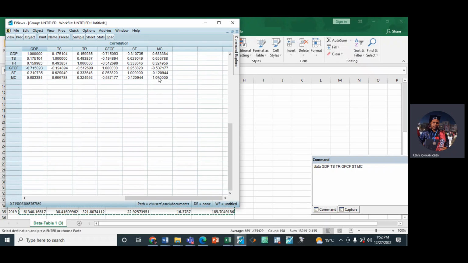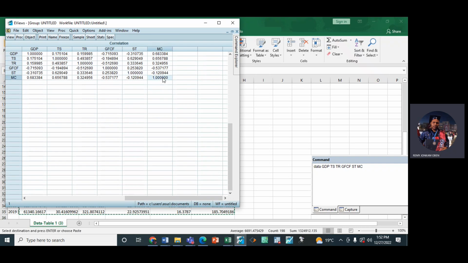So based on this, we can say there is no multicollinearity, because if you have at least one of them above 80, really powerful, then it means there is multicollinearity. You get the idea? Where you see ones, it's the variable with itself.